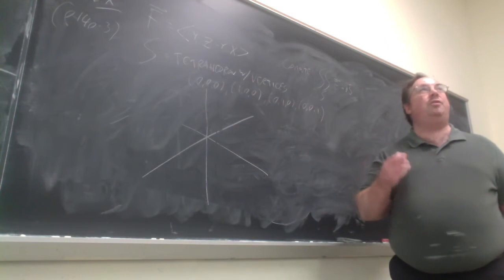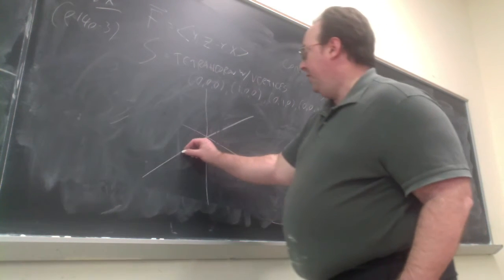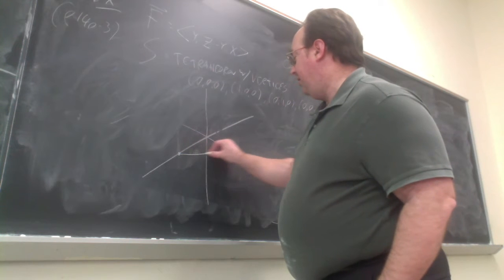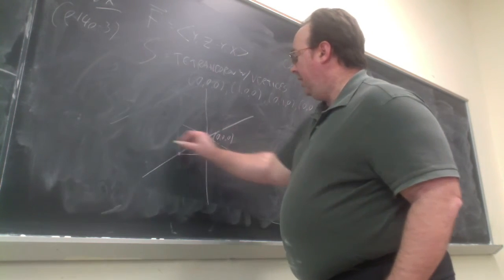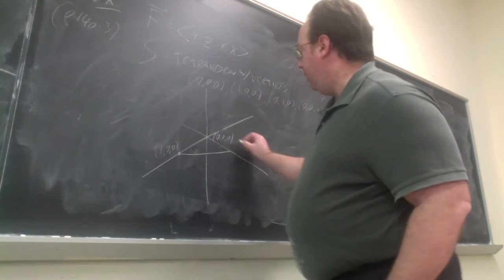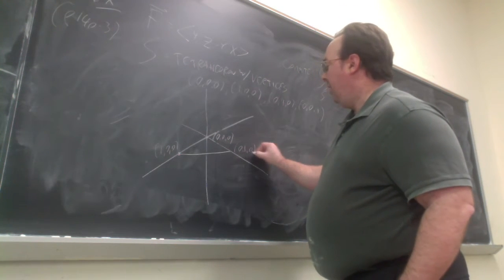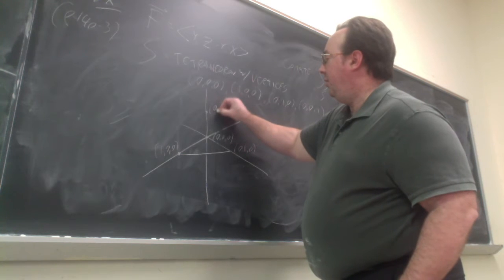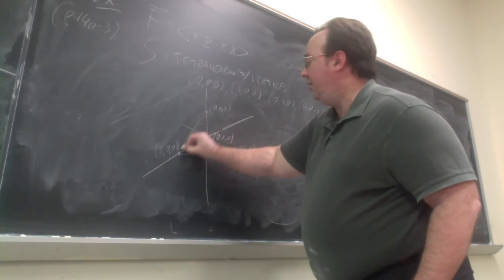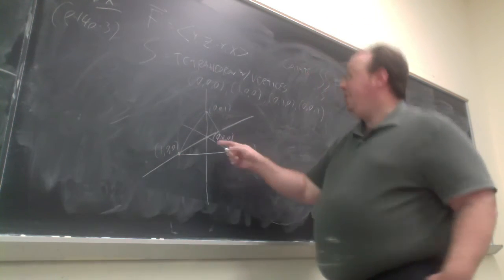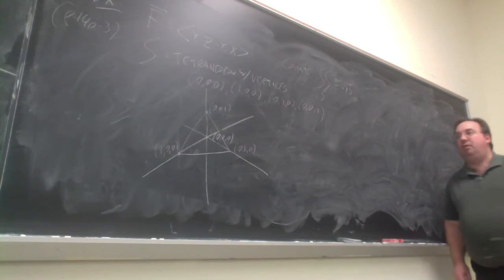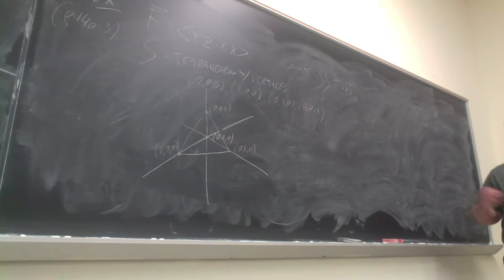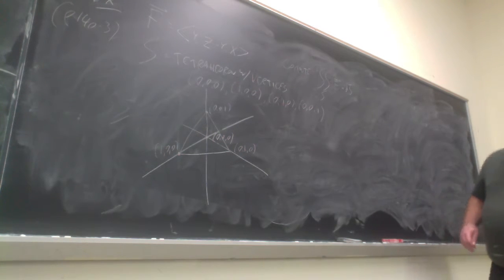So you're going to need 4 sets of parametric equations. So here's the base. Here's your origin. Here's one of your vertices, 1, 0, 0. Here's another, 0, 1, 0. And then you have a vertex up here, 0, 0, 1. So the idea is, you come up with parametric equations for each of the 4 faces, evaluate that integral over those 4 faces, and then you add them all up.